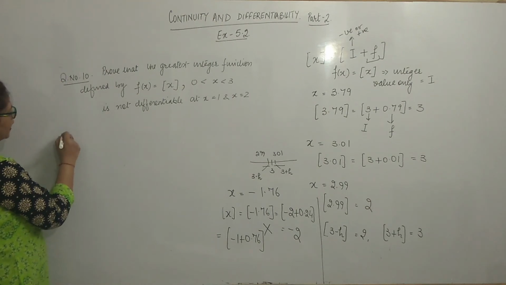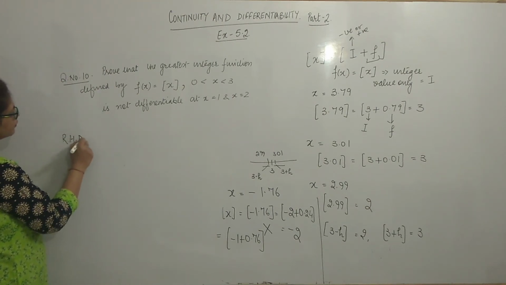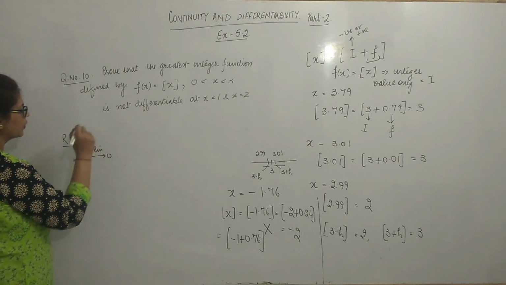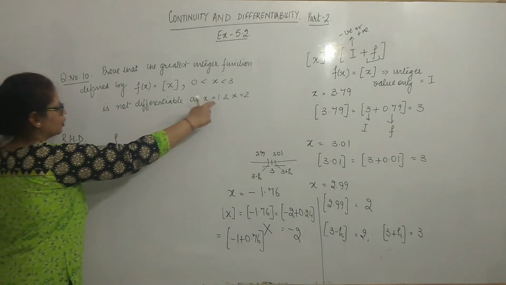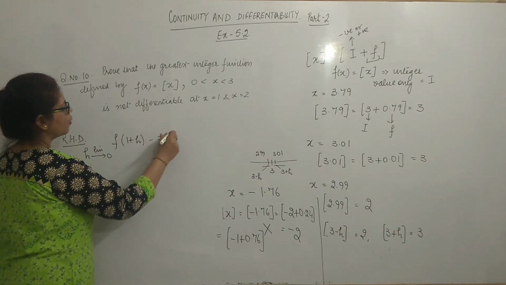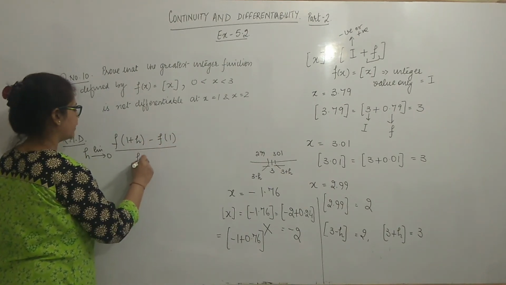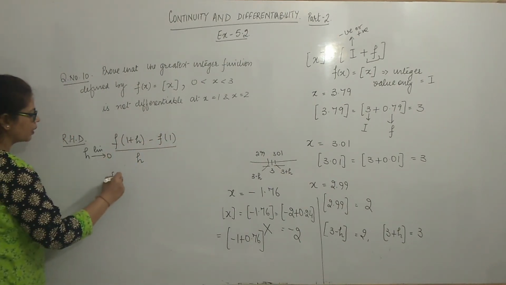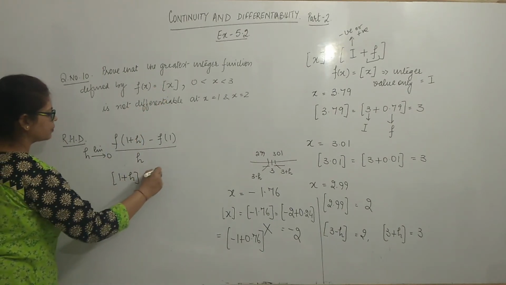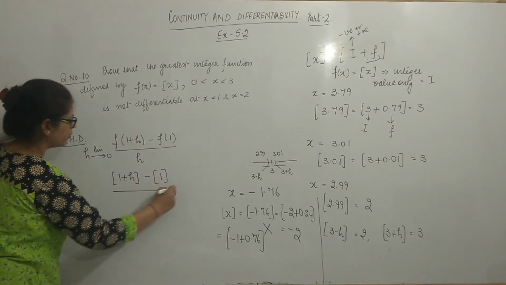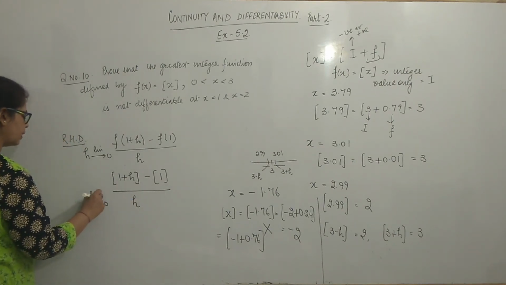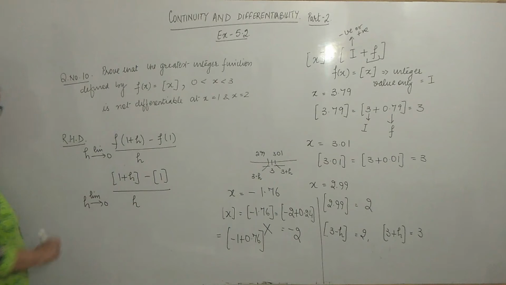Now, right hand derivative, h approaches 0. I am taking x equal to 1. f(1 plus h) minus f(1) divided by h. So this is the integer value of 1 plus h minus the integer value of 1, divided by h, as h approaches 0. What is the integer value of 1 plus h?